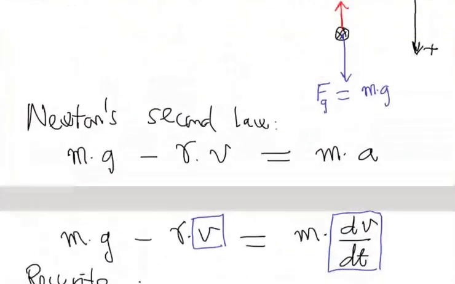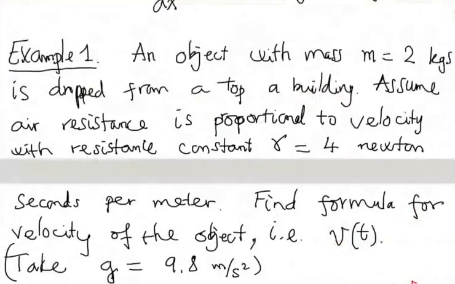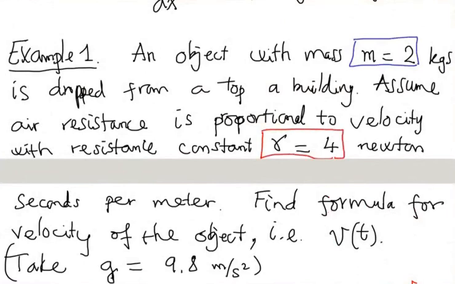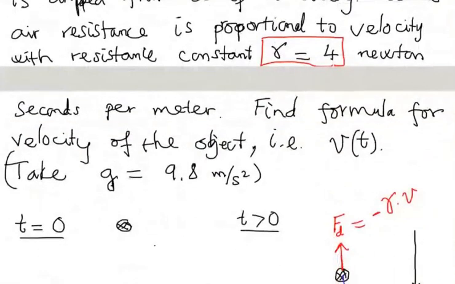Let's put in the values. We're given that m is 2 and gamma is 4, and the gravitational acceleration is 9.8.